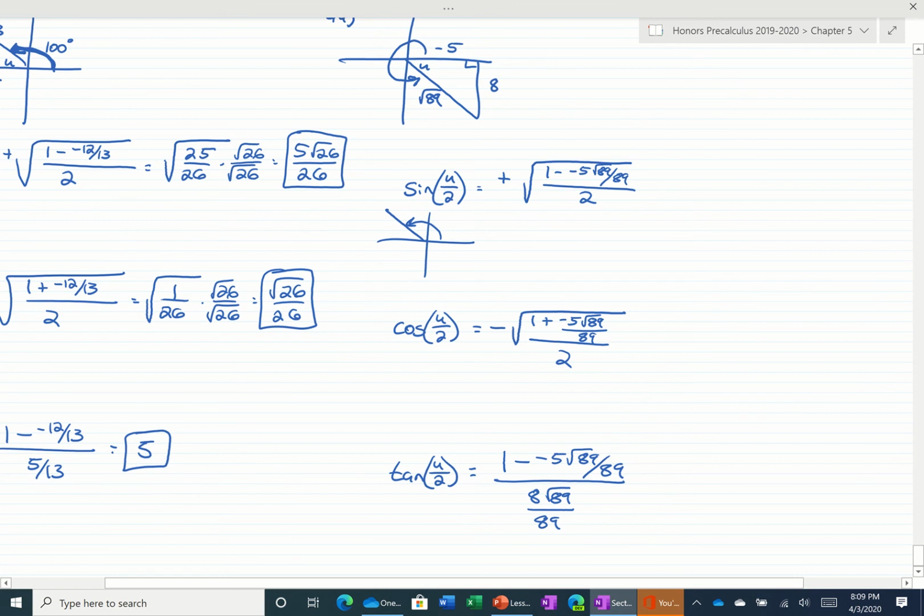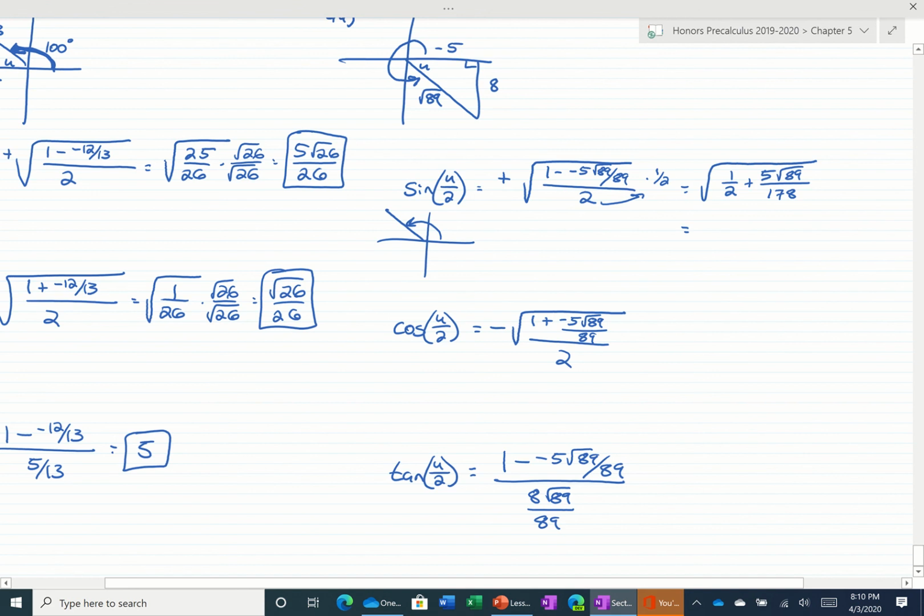All right, so instead of taking the whole top and dividing the whole top by 2, I'm going to multiply the whole top by 1/2. That'll take care of this. So let's see what that is here. This would be the square root of 1/2 plus 5 root 89 over 89 times 2 is 178.